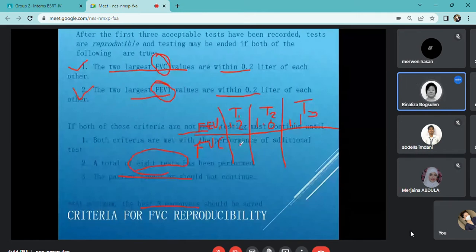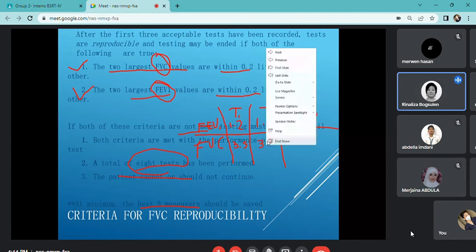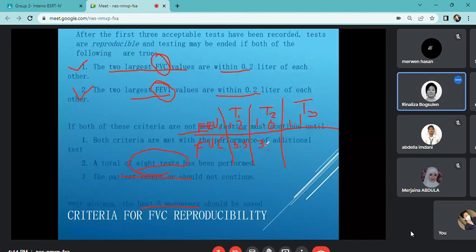FVC mo, sa trial 1 is 3.5. Okay. FVC mo sa trial 2 is 3.55. Sorry, basta 3.55 yan, ha.